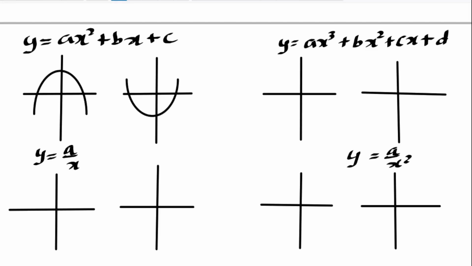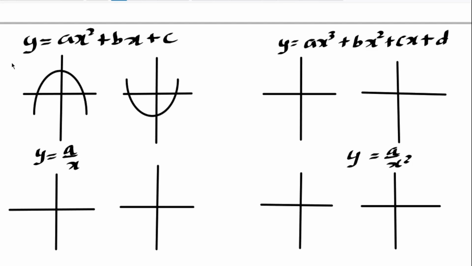Before moving on to the 14th question, we need to discuss few theory stuff. Here, whenever we are getting a quadratic equation, the format of the standard quadratic equation is ax squared plus bx plus c.